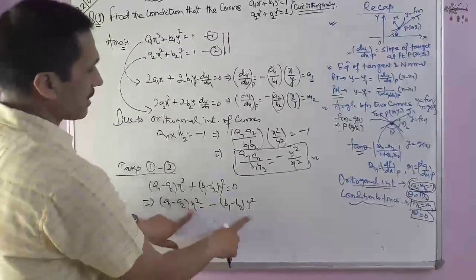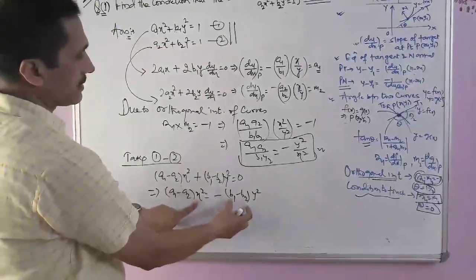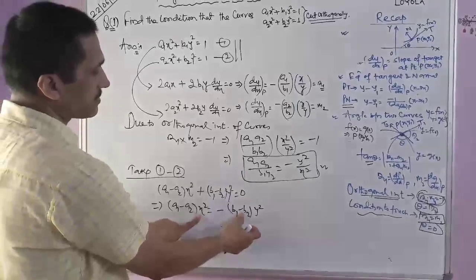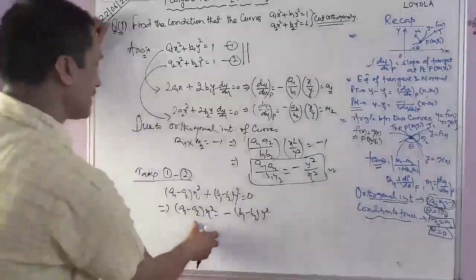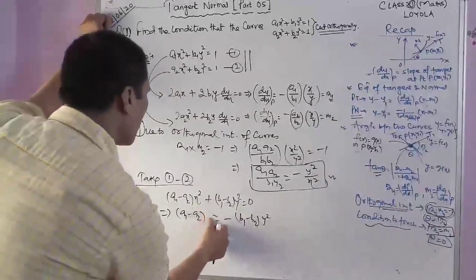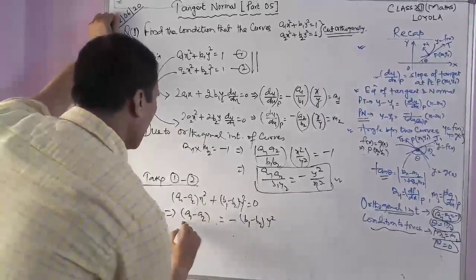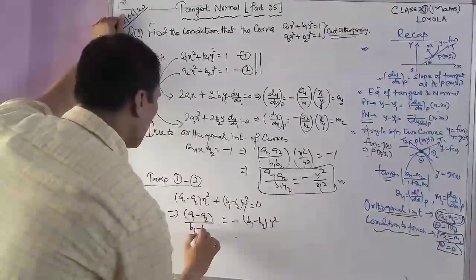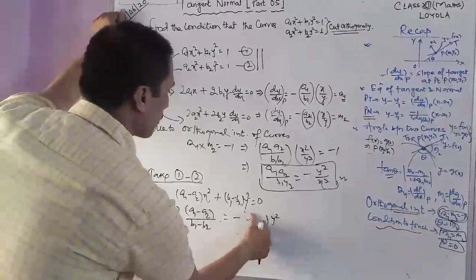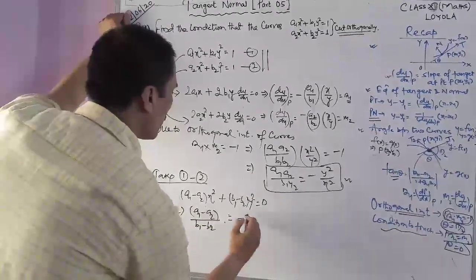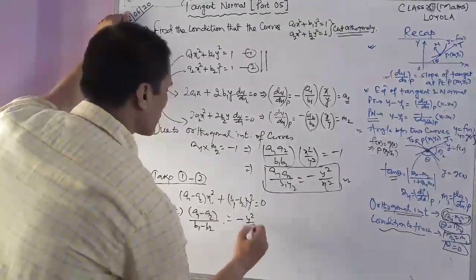Dividing by x square both these sides and keeping b1 minus b2 in denominator in LHS, we have (a1 minus a2) upon (b1 minus b2) equal to minus of y square by x square.